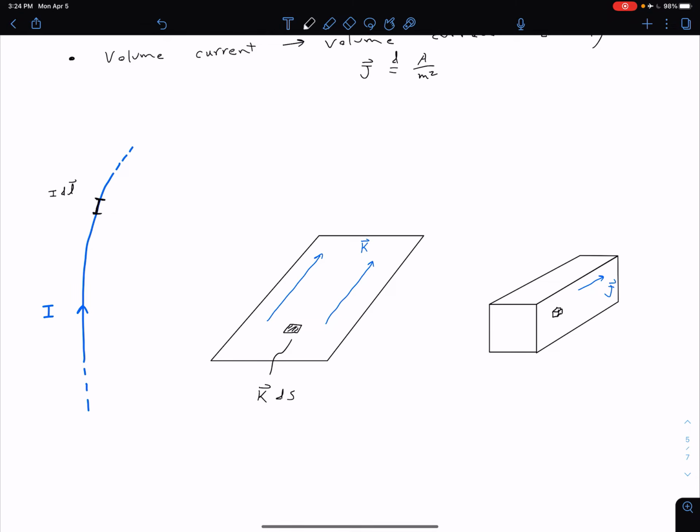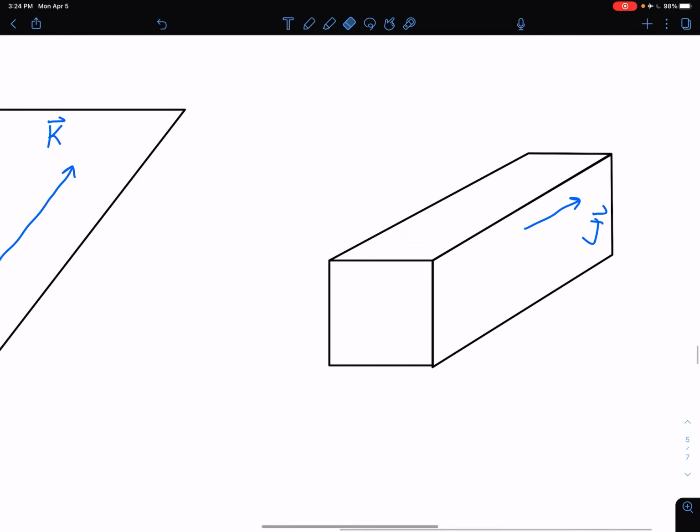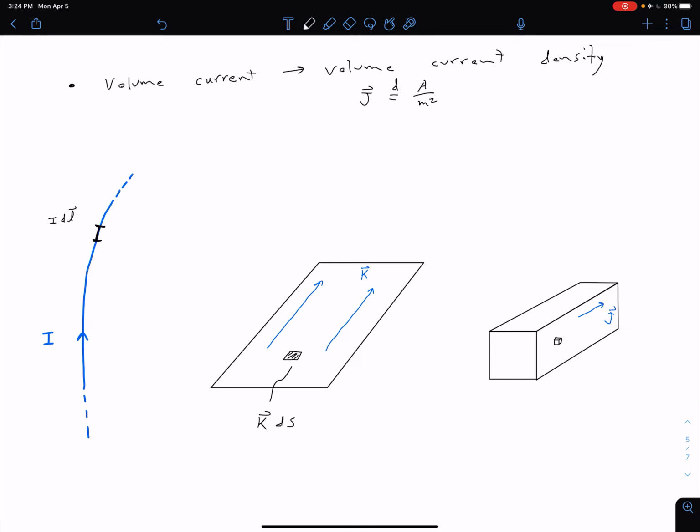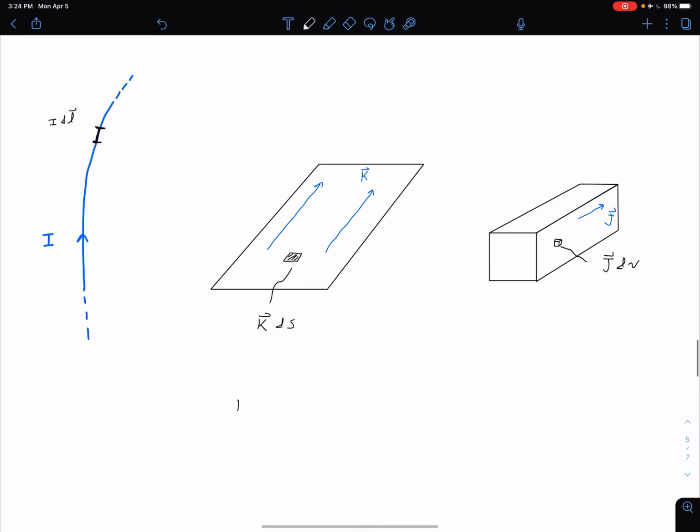That's a pretty rough looking cube, but hopefully we get the idea. We have some little differential volume in there, and that's going to give us a differential current, which is J times the differential volume, dV. So now for each of these structures, we know how to represent differential current.